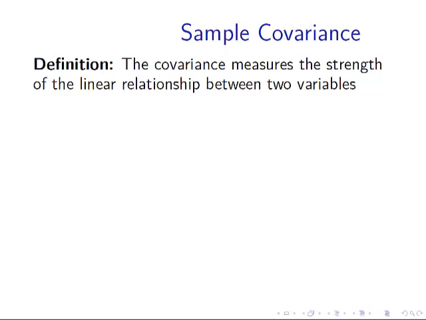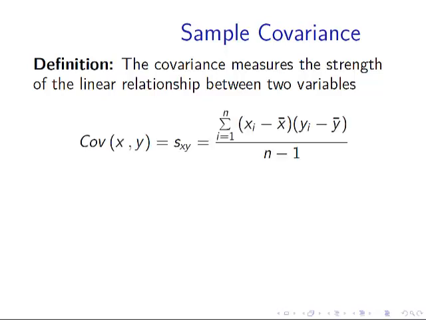The covariance measures the strength of the linear relation between two variables and is calculated using this formula, where covariance xy represents the measure which we want to talk about, s_xy the same thing, and as you see we have a fraction. In the numerator we have a sum from 1 to n, where n represents the number of pairs of variables.